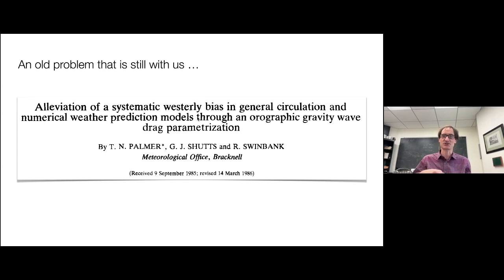That's because as you start to resolve the synoptic variability, the storm scales, better, there were in the beginning some biases, canceling errors. And what happens is that missing these gravity waves meant that your circulation got quite biased. And it's a beautiful paper where they both diagnose the problem and have some observations that we think there's a drag. So you might ask, if this has been since 1985, why are we still worrying about this problem?